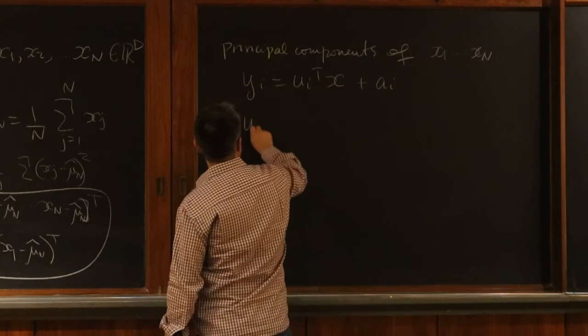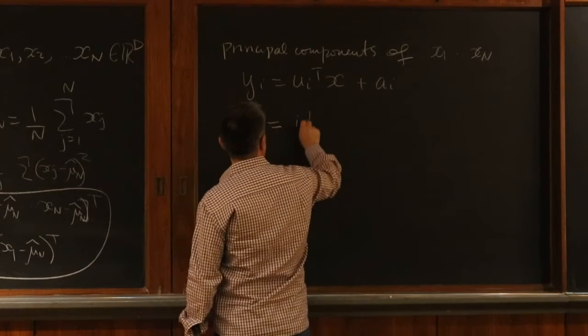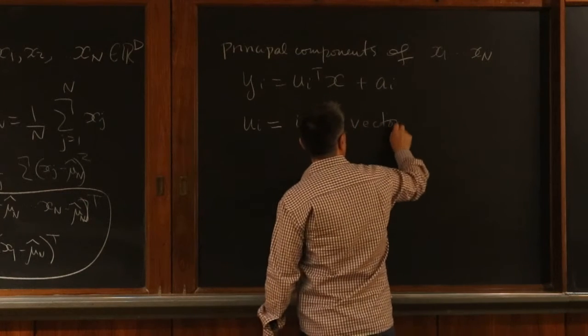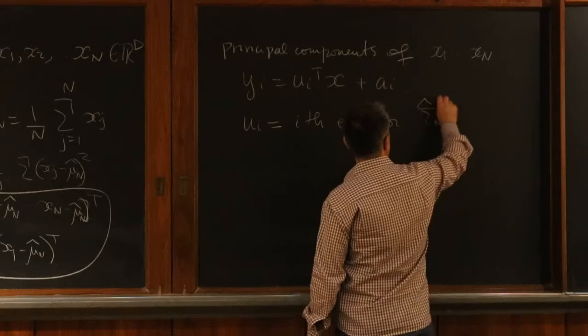And as before, u sub i is the i-th eigenvector, but now it's the eigenvector of sigma n hat.